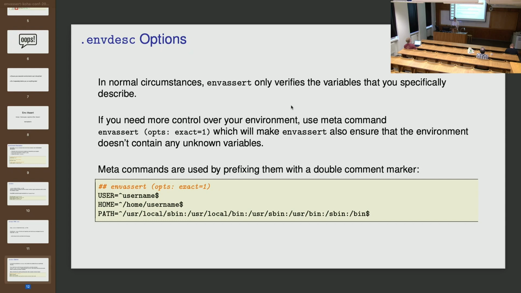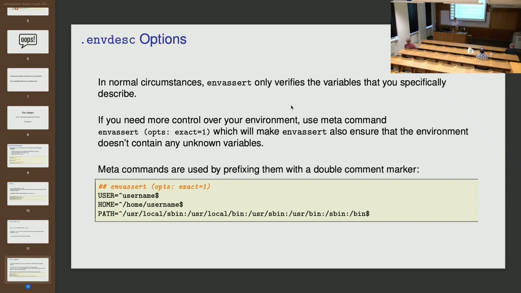In normal circumstances, Assert only verifies that the variables which are described exist. But if you need more control over the environment, there is also the possibility to use a meta command, the exact option.